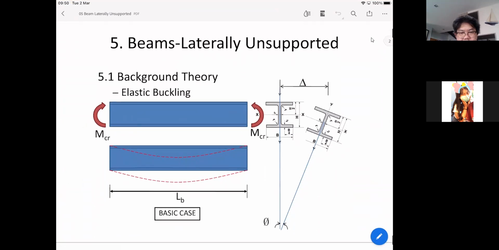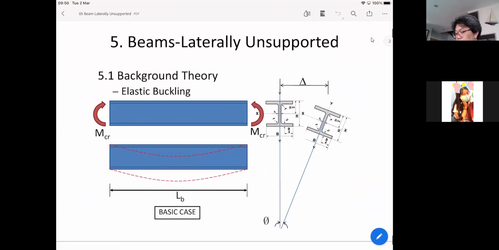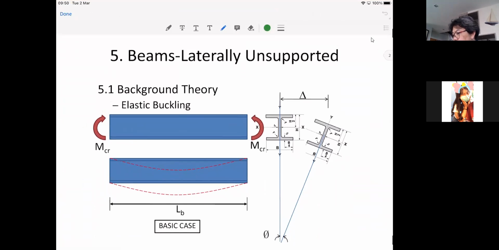As mentioned earlier, when you have the unbraced length, the length between the two brace points, as I showed you earlier, your beam may buckle under compression, because in a flexural member part of it is compression, part of it is tension, as we all know. And when the buckling occurs, your beam can move sideways.